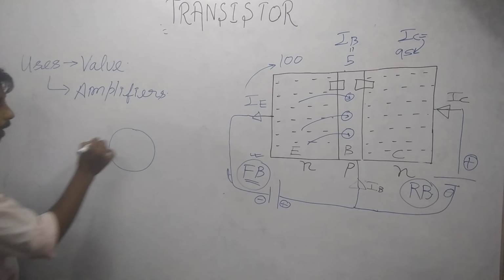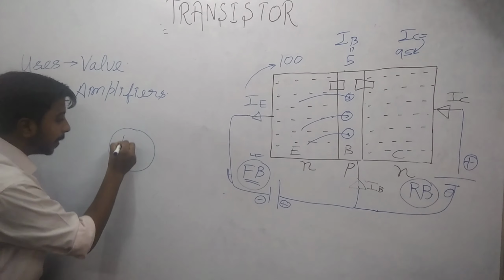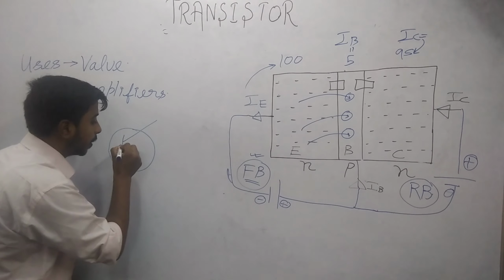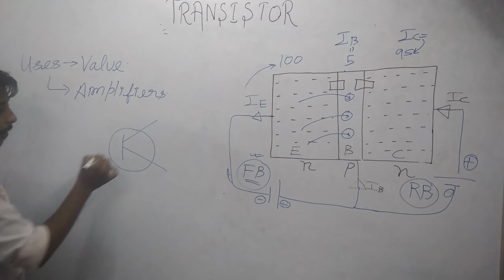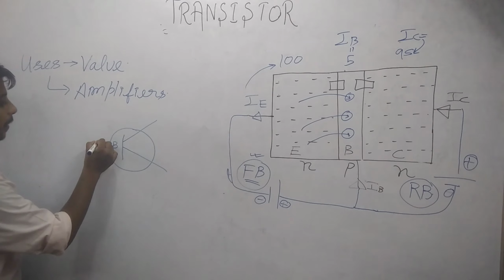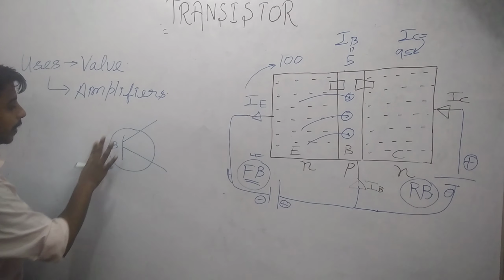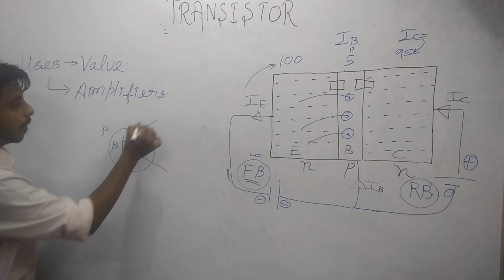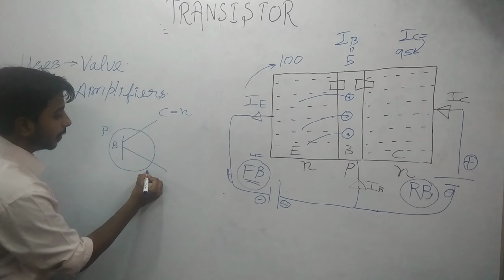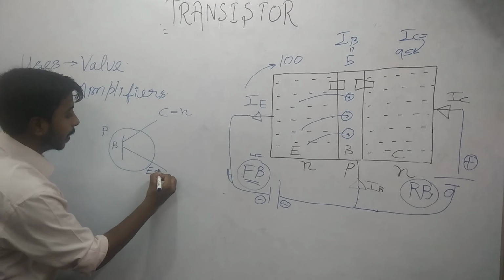Okay, see, I will again draw this NPN structure by its symbolic representation. What is this? This is the base, which is P type. What is this? This is the collector, which is N type, and this one is the emitter, which is again N type.